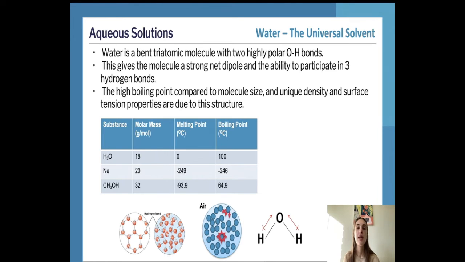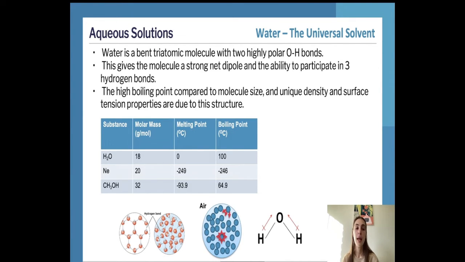This means that it's got its lone pair at the top, and we know that it has 2 highly polar covalent O to H bonds. And so this means that water has a very strong net dipole, and means that it can participate in 3 different hydrogen bonds.